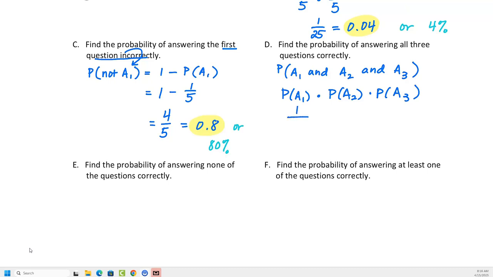So there's one answer correct out of the 5 choices, and for question 2, there's one correct answer out of the 5 choices.